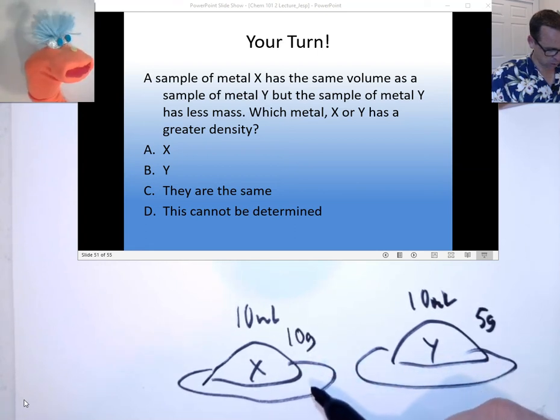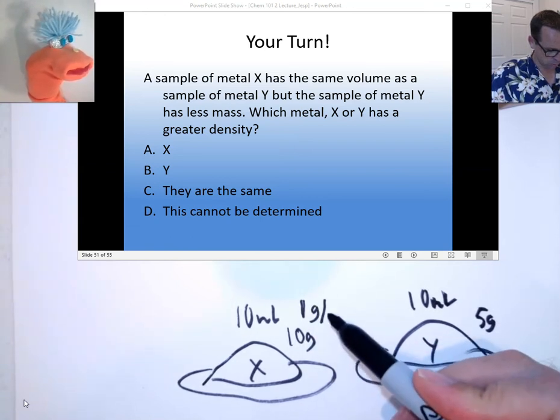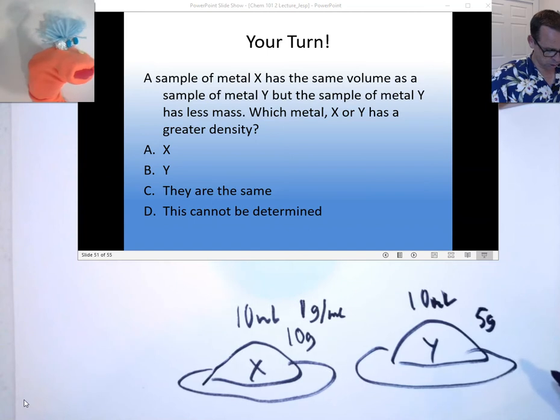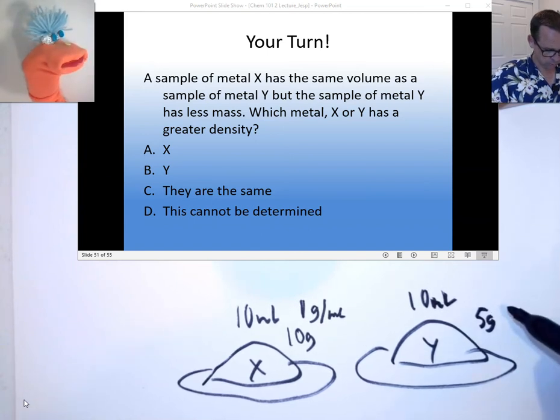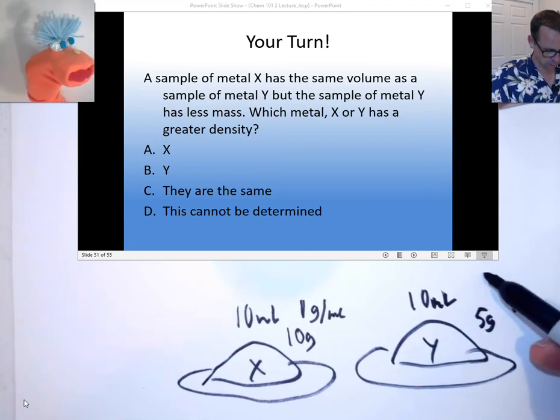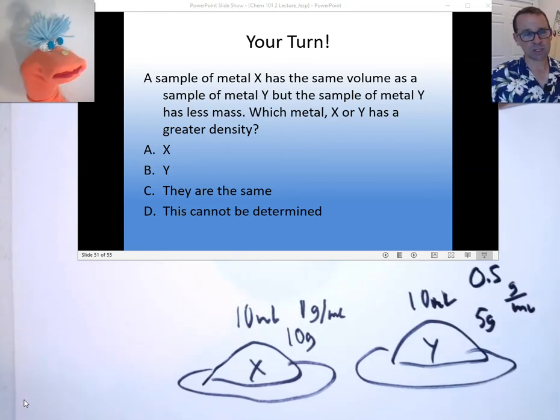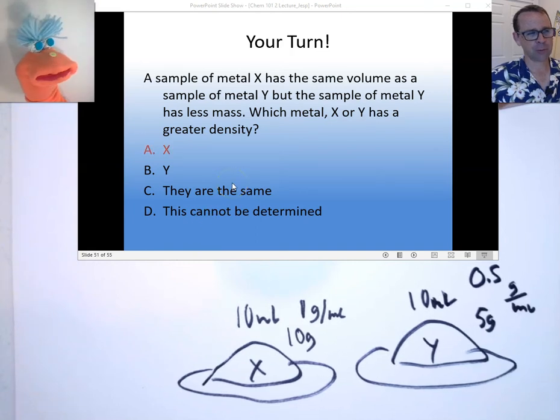So then X has a density of 1, and Y has a density of 2. Don't you put grams over milliliters? Oh, yeah, so it's half, density of 1.5. Very good. So again, we see that X has a larger density.